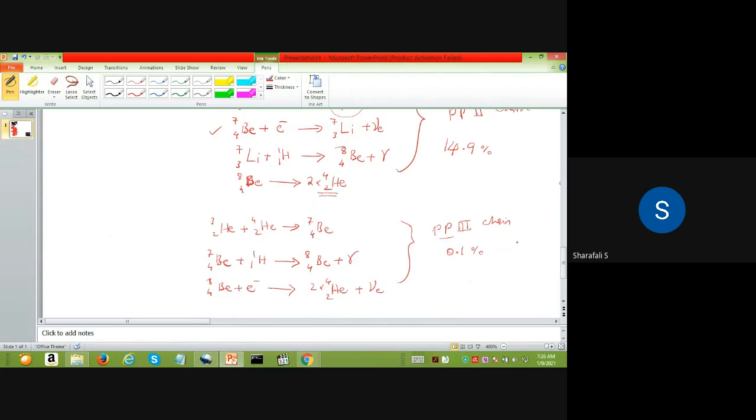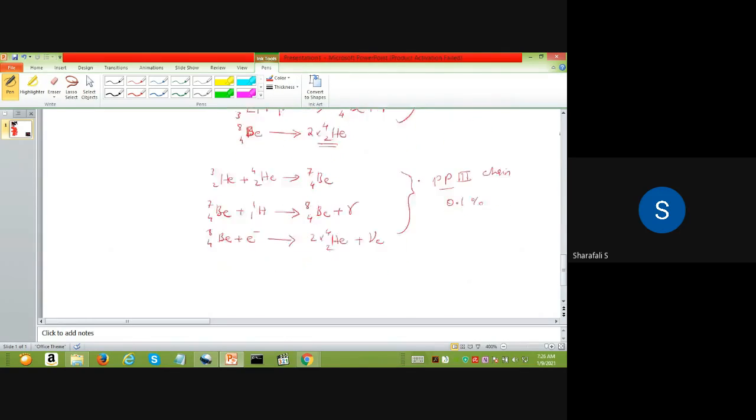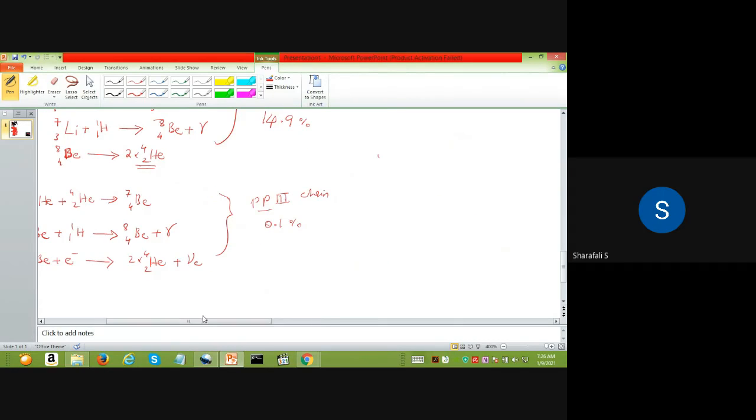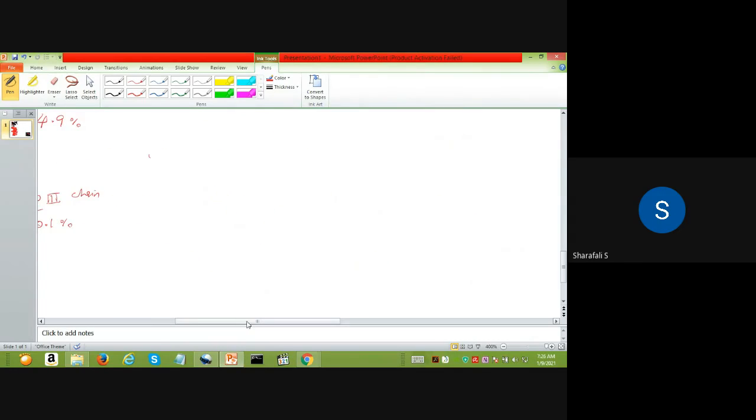So the first one is highly probable and mostly happening. PP1 is the most dominant chain in the sun. The other chains are weak, especially the third one.